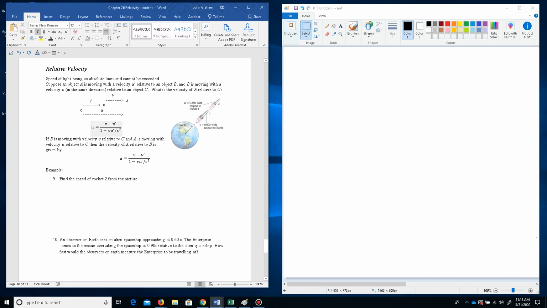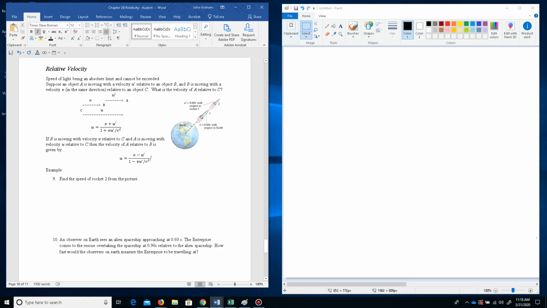And so to find u, it would be the speed of the rocket plus the speed of its missile, all over 1 plus the speed of the rocket times the speed of the missile over c squared.